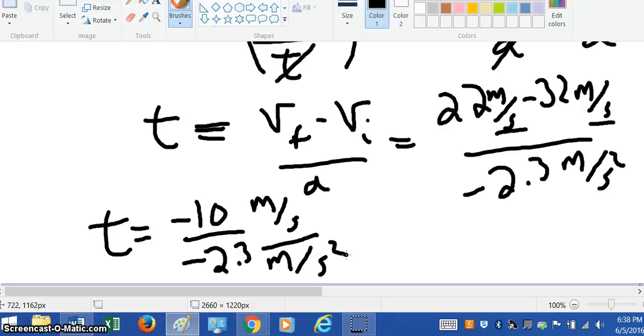So what's 10 divided by 2.3? It's going to be 4.35, something like that.